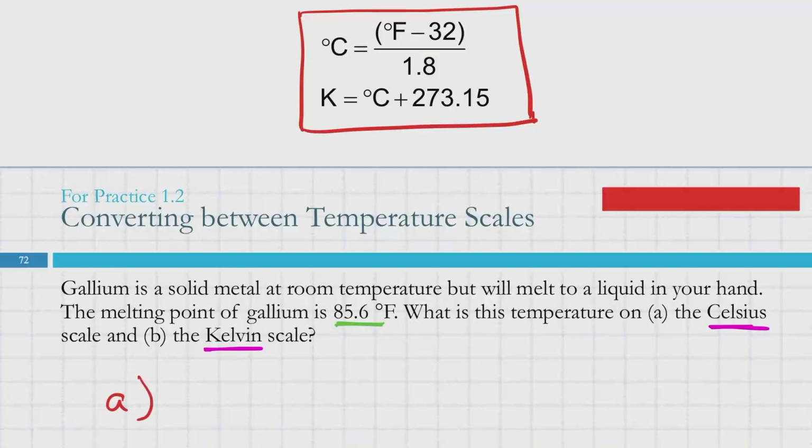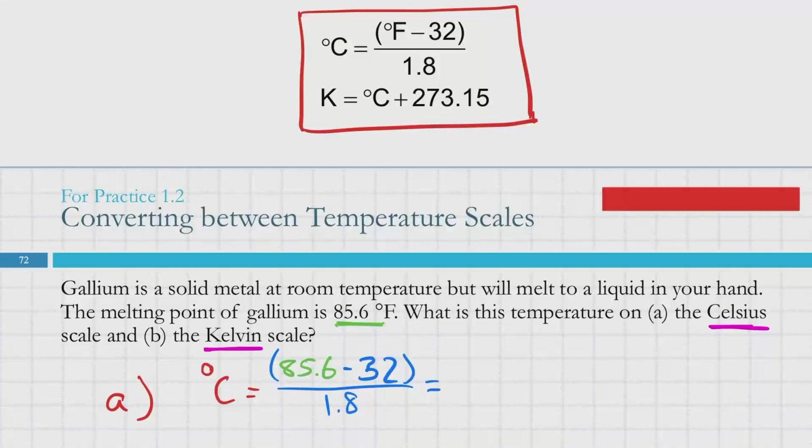So for A, we are doing degrees Celsius equals degrees Fahrenheit. We were given a value of 85.6. And the formula says subtract 32. And then we divide by 1.8.